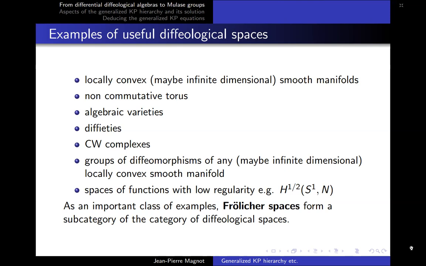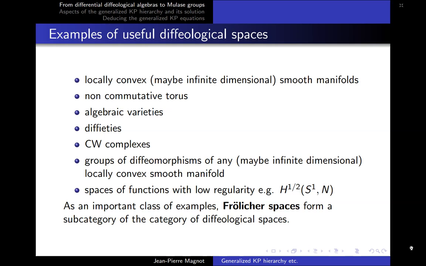Groups of diffeomorphisms: here we do not have to assume that we have an underlying smooth compact manifold. We can construct a diffeology on any group of diffeomorphisms for any diffeological space. So for example, for an infinite dimensional, let's say Hilbert manifold, it's possible, and even more. We can also consider spaces of functions which are not manifolds.